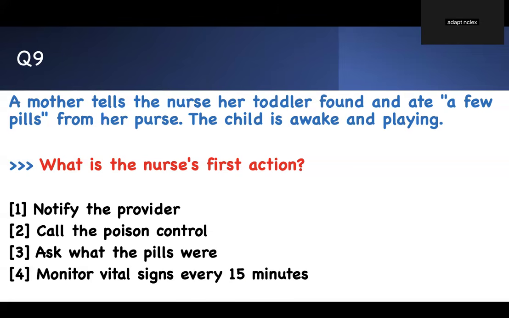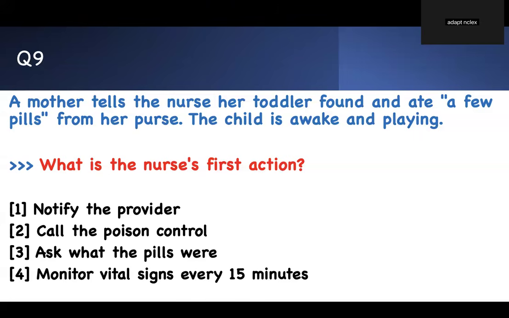Am I panicking here? There is a reason why the last sentence, awake and playing, is a red light. Notify the provider. Okay, that's not bad. Call poison control. Okay, that's not bad. Ask what the pills were. Okay, that's not bad. Monitor vital signs every 15 minutes. Well, that's not bad.